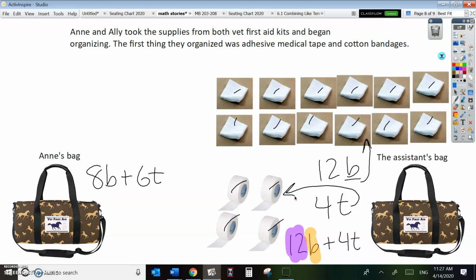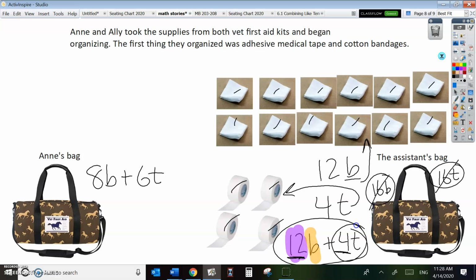So if you put these two together and you said the assistant had 16, well, the assistant did not have 16. 12 plus 4 is 16, but if you say 16, then people will say 16 what? So it's not 16 bandages, and it's not 16 tape. It's neither of those things.